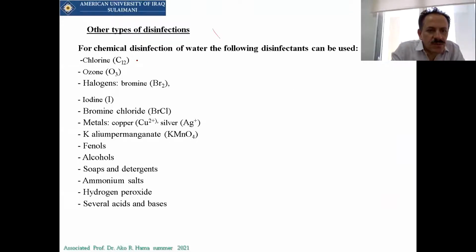So we said that we have chlorine, we have ozone, and the one we use most is chlorine. By the way, some treatment plants are not using chlorine gas. They are using hypochlorite. Hypochlorite is chlorine in solid state, not in a gas state.